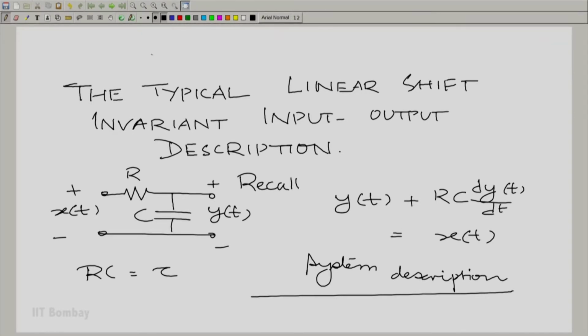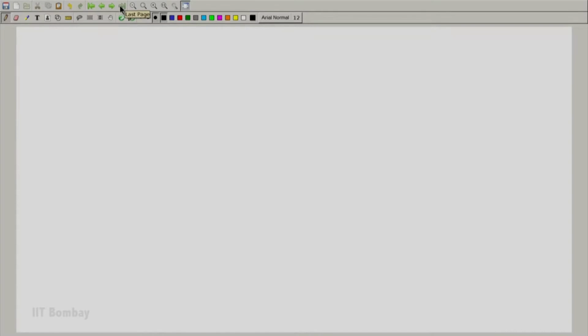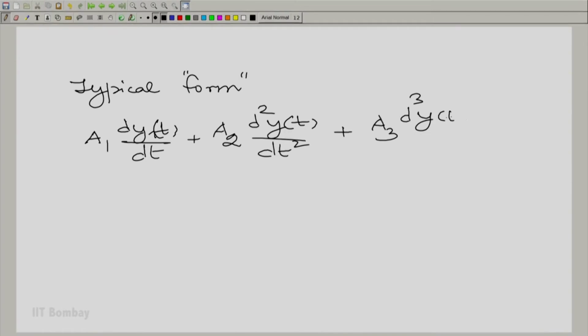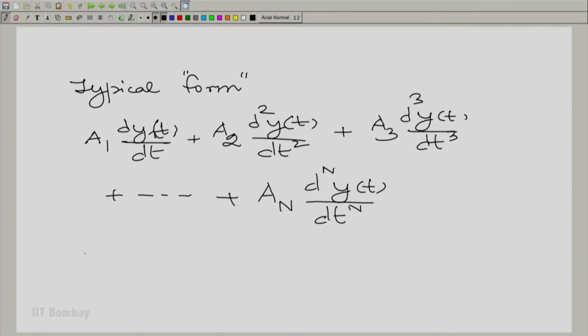Now, what is the typical form that we see here? The typical form is the following. Some, let us call it A1 times dy/dt plus A2 d squared y/dt squared, second derivative, plus the third derivative, and any number that you want, but a finite number, combined with the input and potentially its derivatives.